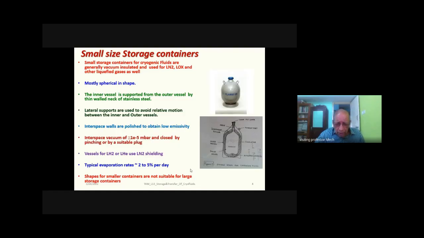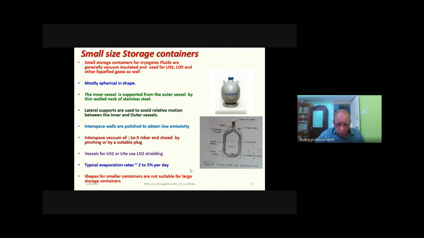If you have a super insulated container, then instead of just the slight polishing of the inside of the outer surface and outside of the inner surface, you also have radiation shields of low emissivity, which are mounted over the inner vessel.